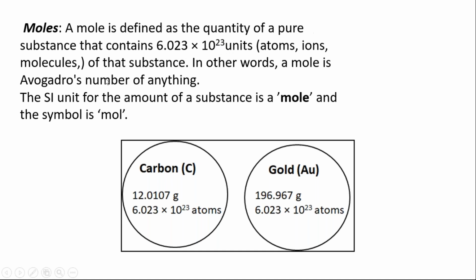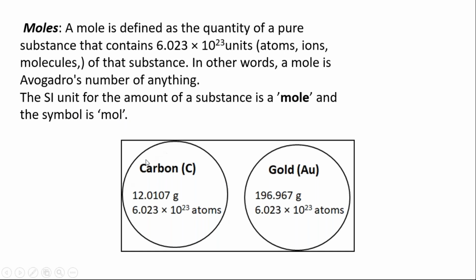It could be atoms, ions, or molecules. And this is known as the Avogadro number. So in other words, a mole is the Avogadro number. The SI unit for the amount of substance is mole, and the symbol is mol.